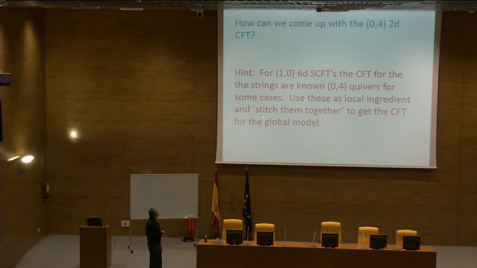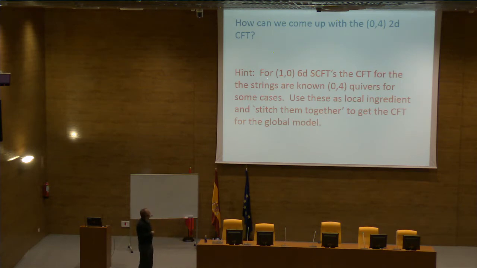So, okay, what can we do? Here, we would like to come up with some kind of a picture of what the (0,4) 2D CFT looks like. And that's basically the aim of the rest of the talk, to come up with some descriptions for this 2D CFT.